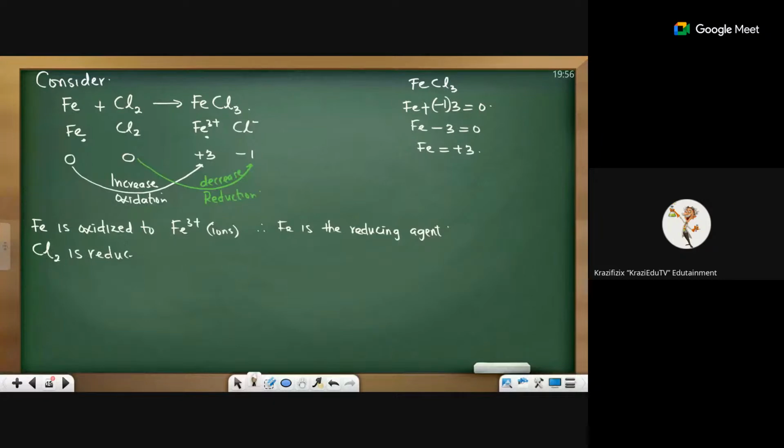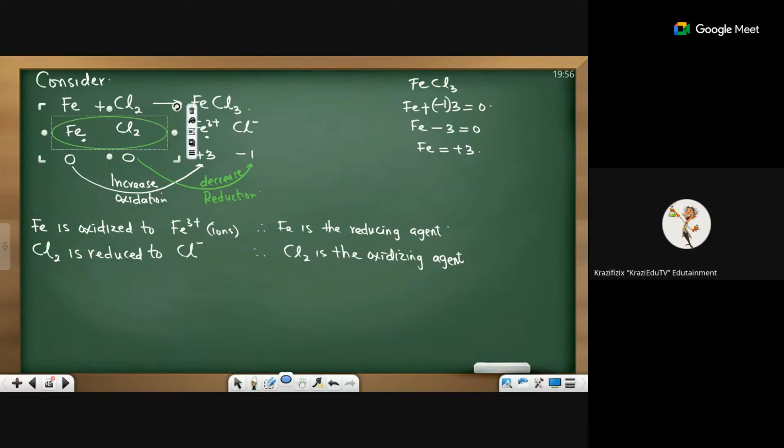You see, we are moving from what is on the left to what's on the right. Reduced to Cl minus. Therefore, Cl2, chlorine gas, is the oxidizing agent. Guys, my answers are on the left hand side. Fe is oxidized, chlorine gas is reduced.